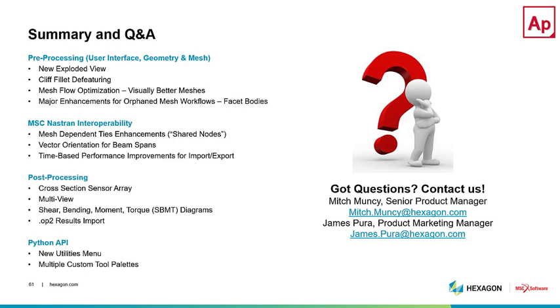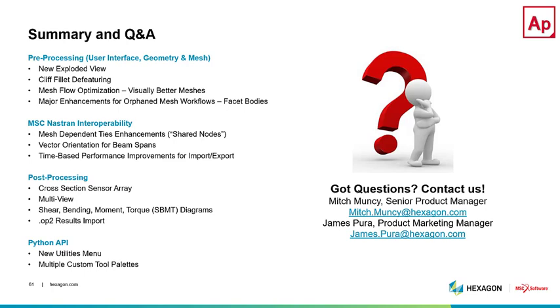But in post-processing, we developed a bunch of new technologies for you, including cross-section force sensor array, including multi-view and SBMT diagrams, as well as probably the most asked for capability in terms of Apex post-processing, which is Nastran OP2 file results import. We've got that support in here now.